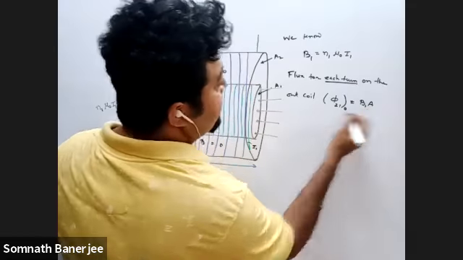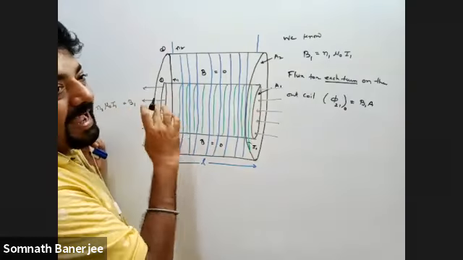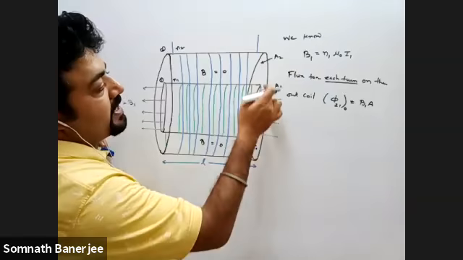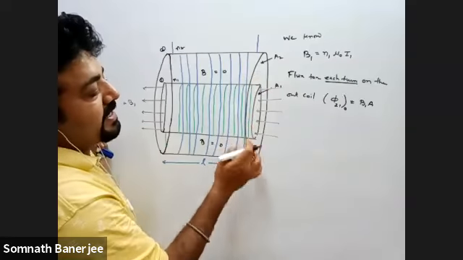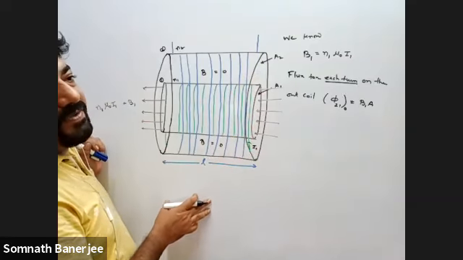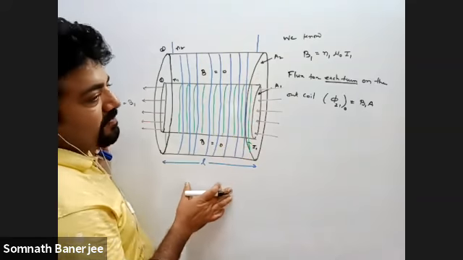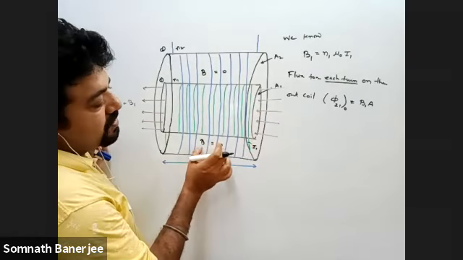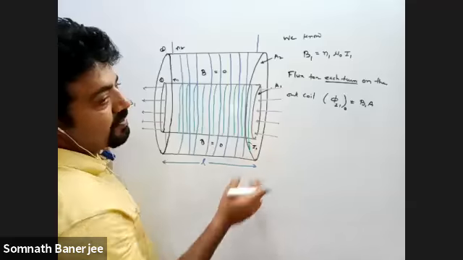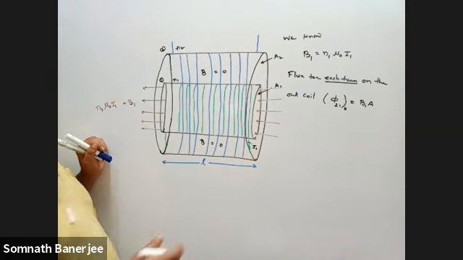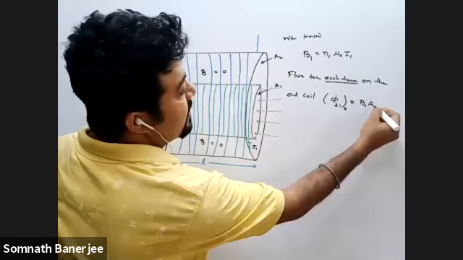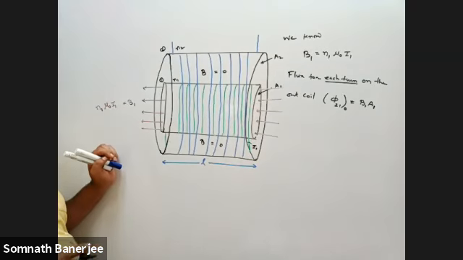Is it clear? See, the magnetic field is present only up to the area A1. Outside the area A1, no magnetic field is there. So magnetic field 0 into area, you get 0. So you have a common area only A1. So that is the flux for each turn.